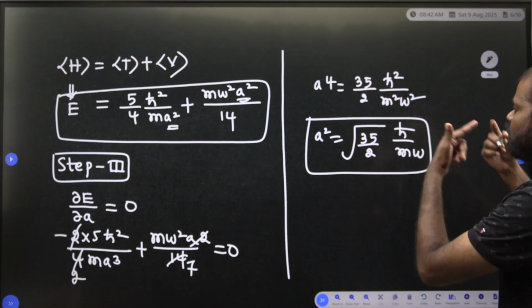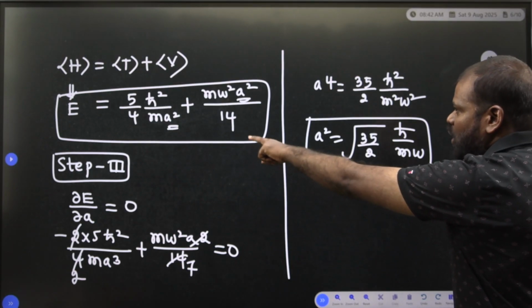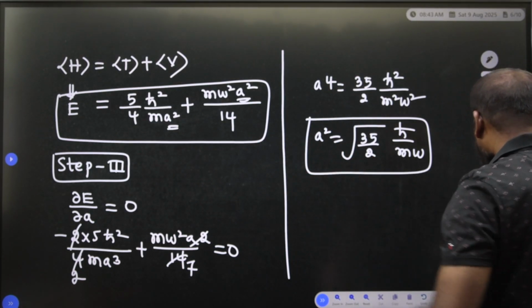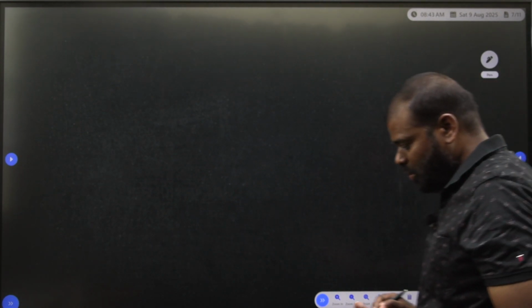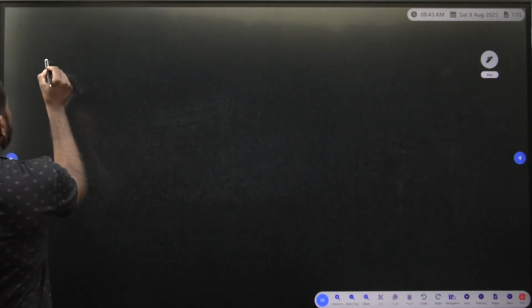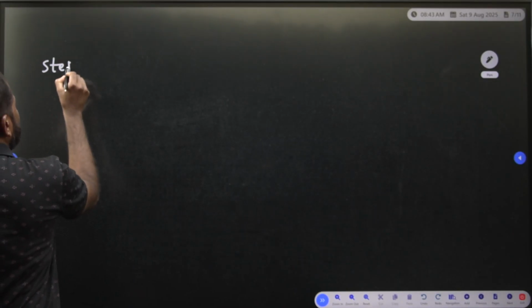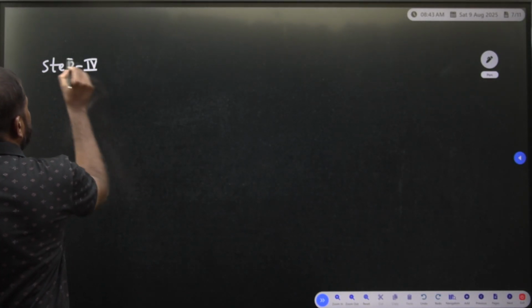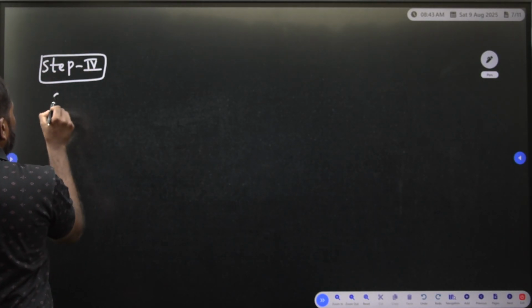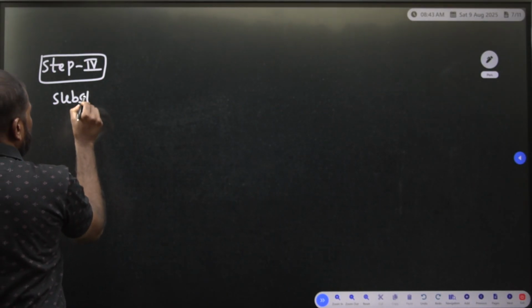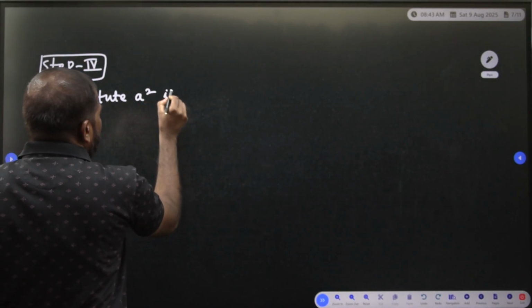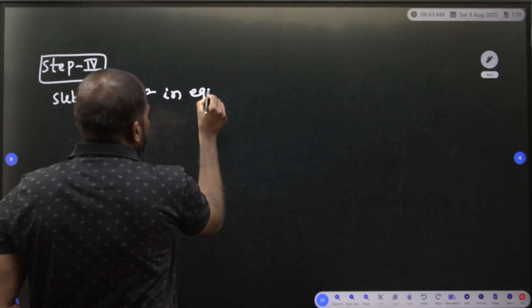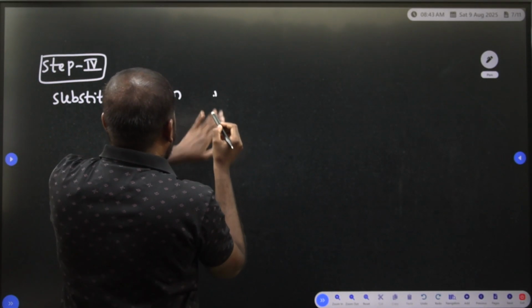Now this value you have to substitute in the energy value. You are going to get the exact energy, the ground state upper bound value. So therefore step 4, what is your step 4? Substitute the a square value in the equation of step 2, that is the energy.